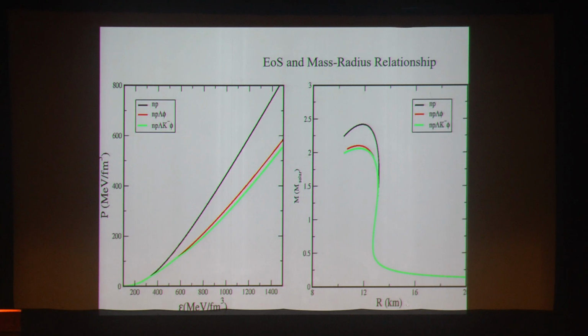So what you see, this black curve has a steep gradient, so it is called the stiffer equation of state. And with respect to this black curve, the other two curves have a softer gradient, so they are called softer equations of state. And when we solve the TOV equation with this, we get a sequence of neutron stars for this equation of state.